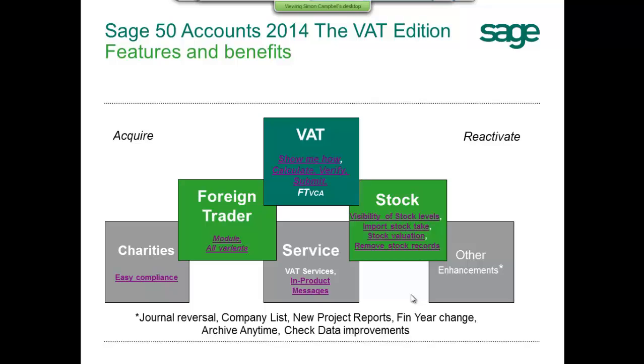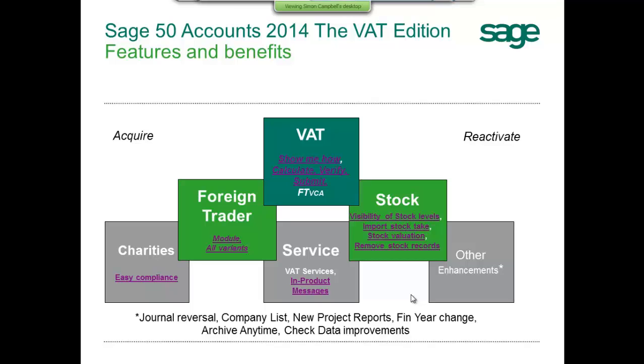New project reports have been included, which have been common requests through our report design service. These are the top 5 reports that customers have requested, and we're making them available in the software.